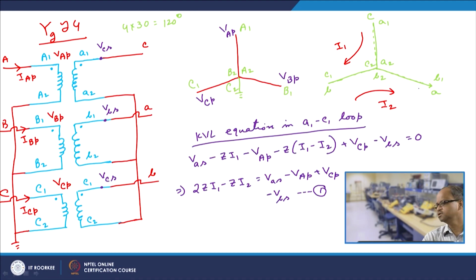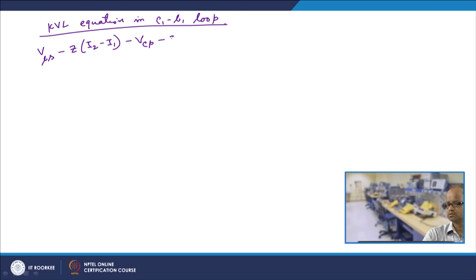Then in this direction the drop due to current is ZI2.